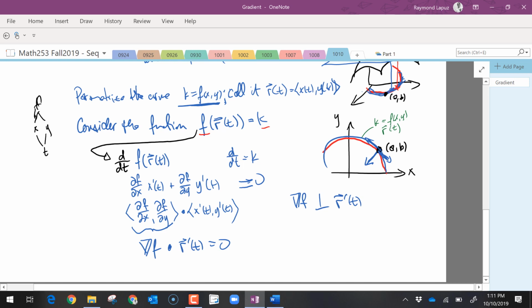If it's perpendicular to the tangent vector, it must be perpendicular to the curve. Okay, that's it. That's the end of the proof. We've shown that gradients are perpendicular to the level curve.